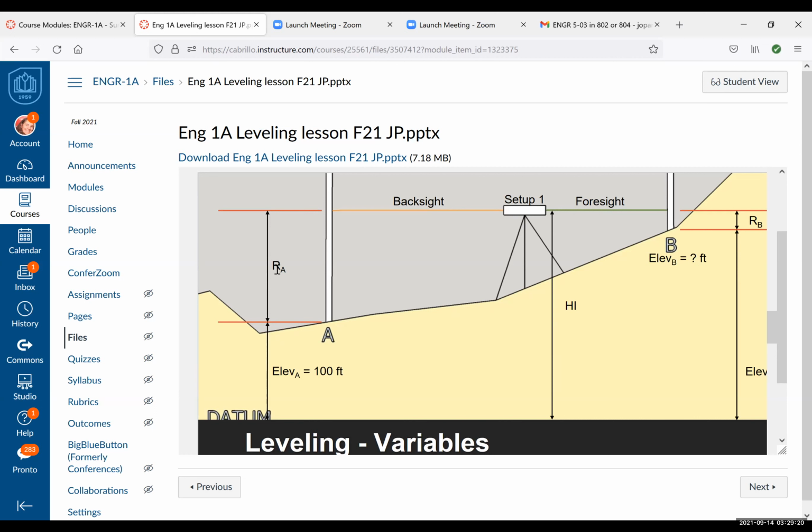And remember also that on this page, you saw the first column was the point you're at, or the point you were shooting, really point sighted. The next column was benchmark plus sight. The next column was height of instrument. Next sight was foresight, and the last one was elevation.